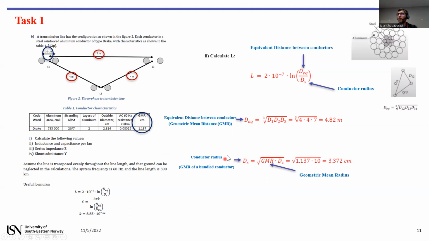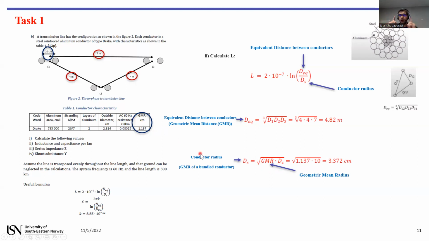And the denominator, Ds, is the GMR of the bundle conductor. And you can calculate it based on this formula. If the configuration was without bundling, just the GMR from this table was enough.